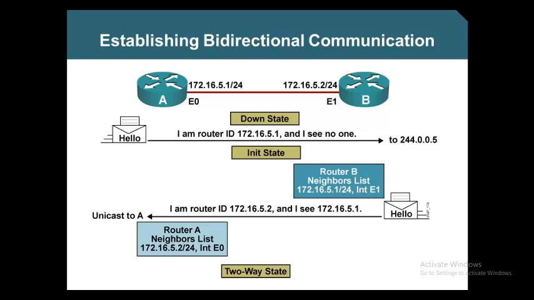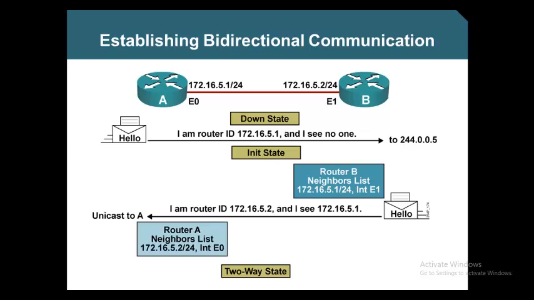At this stage, A knows exactly the router ID of B, and B also knows the router ID of A. The router ID is what OSPF uses to identify the OSPF-running device.